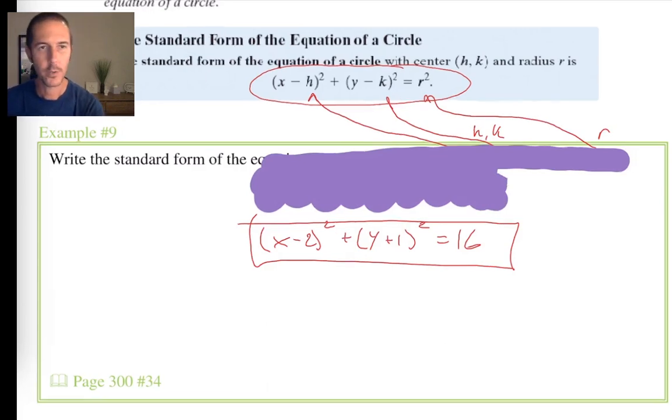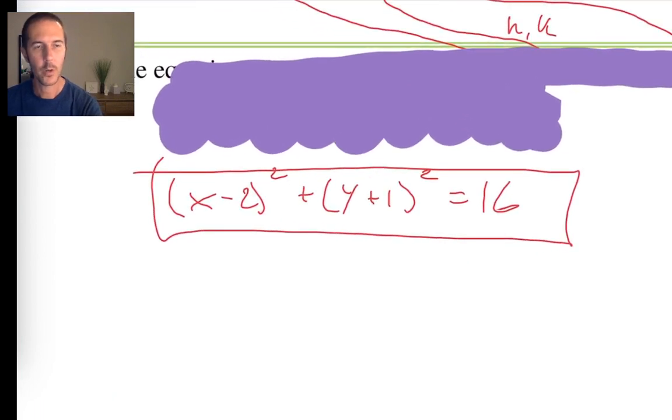Looking at this equation, I want you to tell me what are the coordinates of the center of the circle. It's a little tricky because this almost looks like the x coordinate for the center of the circle should be -2, and it's not. It's positive 2. That's because what this says right here is x minus positive 2.